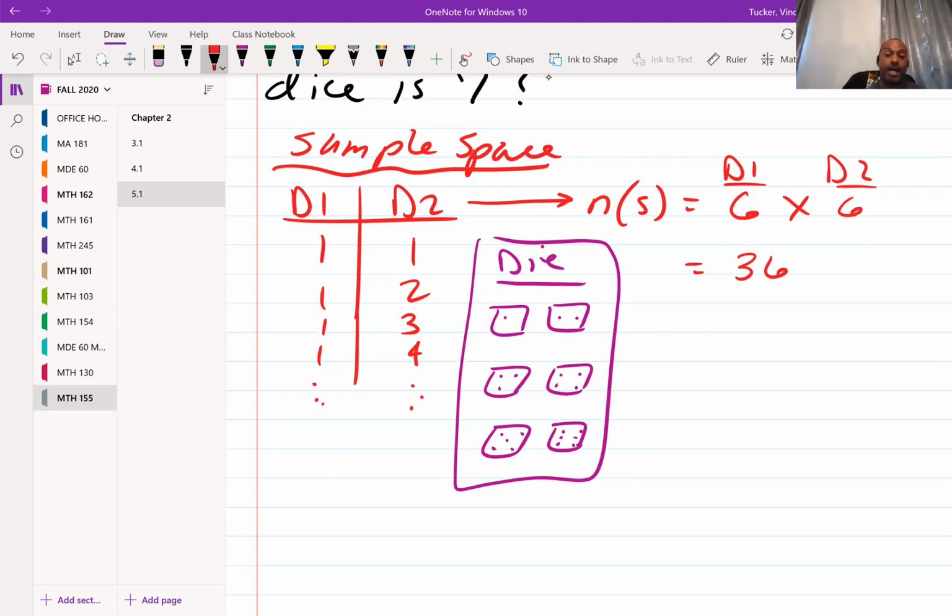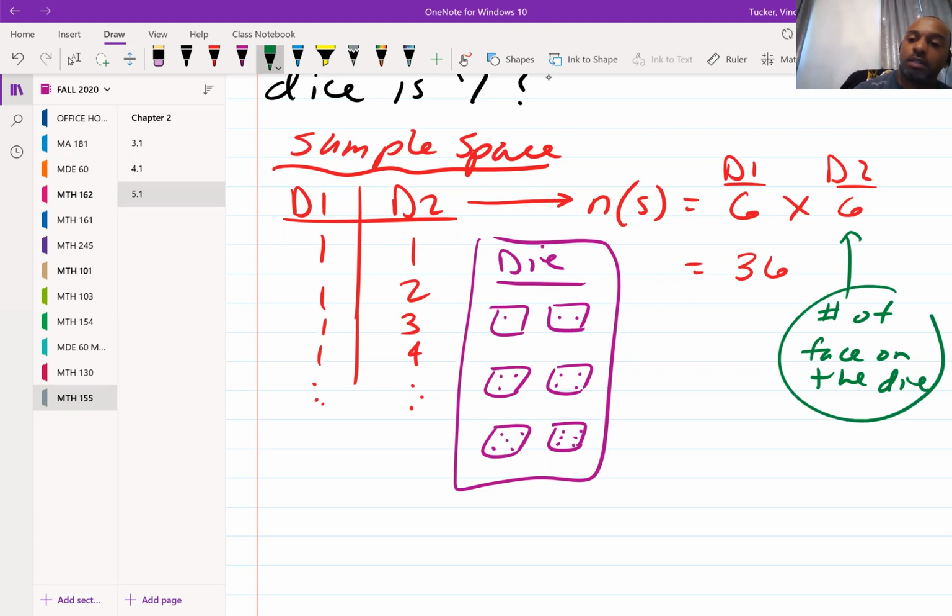Now if you had a die that had 8 faces, say one had 6 and the other one had 8, then it'd be 6 times 8. So that 6 just represents the number of faces on the die.